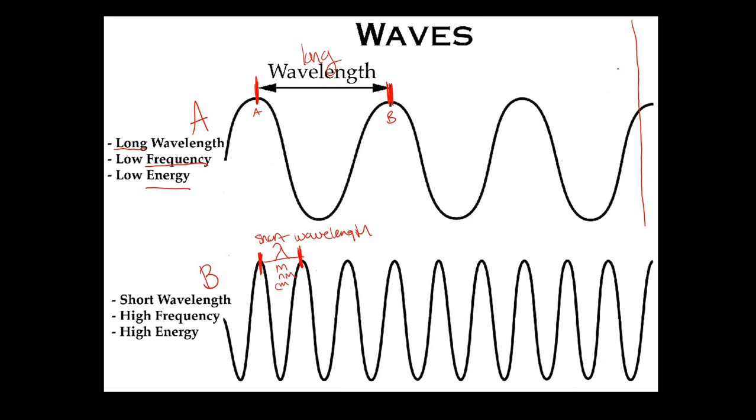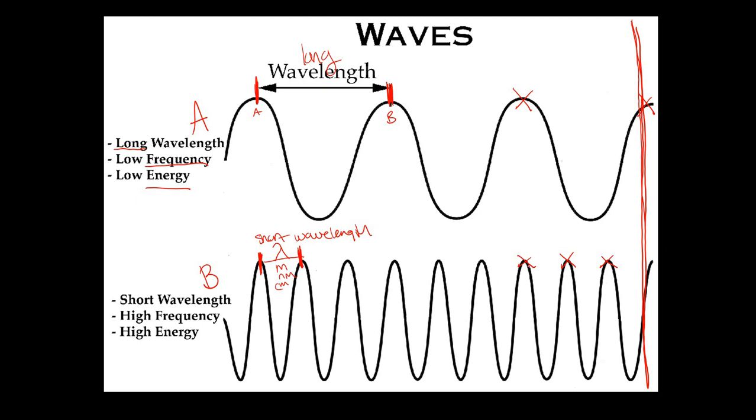To measure the frequency, you look at how many times the wave hits this wall. Anytime a crest hits, that's what our frequency measures. Same thing here. Every time a crest hits the wall, that measures the frequency.